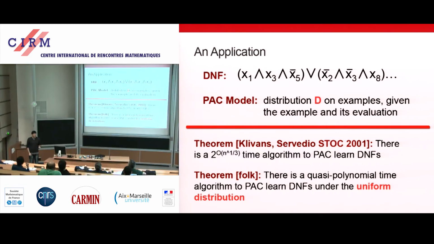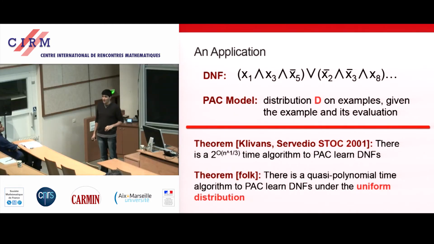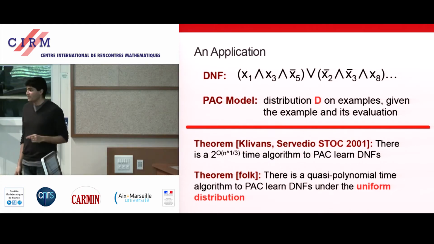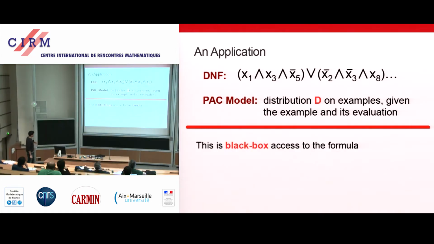Its chance of being satisfied is 1 over n to the 100. So you just throw away all clauses that are too long and forget about getting them right. And the remaining ones, you could just brute force search over and keep pruning them down as you learn that they're not actually in the formula. That gives you a quasi-polynomial time algorithm that is so easy I don't even know who to attribute it to, but it hasn't been improved upon ever in the uniform distribution.